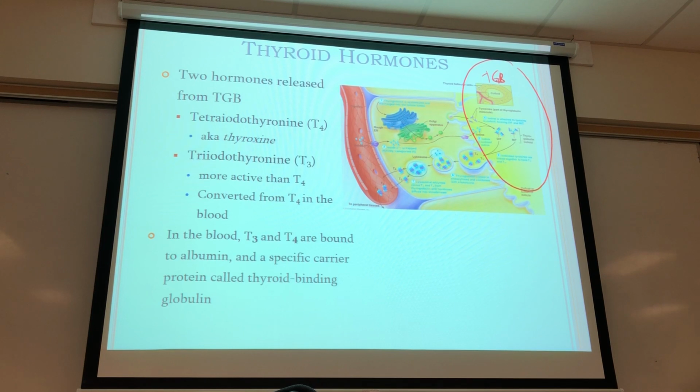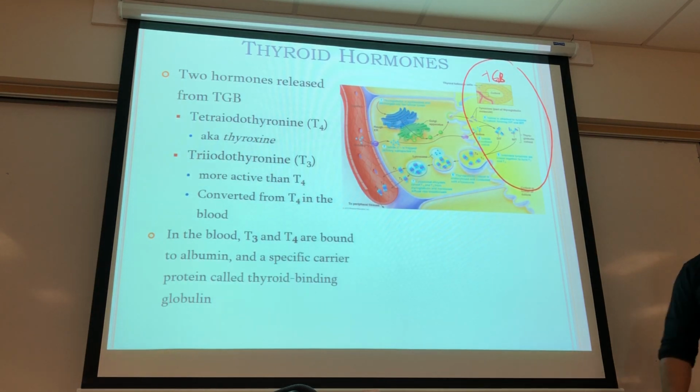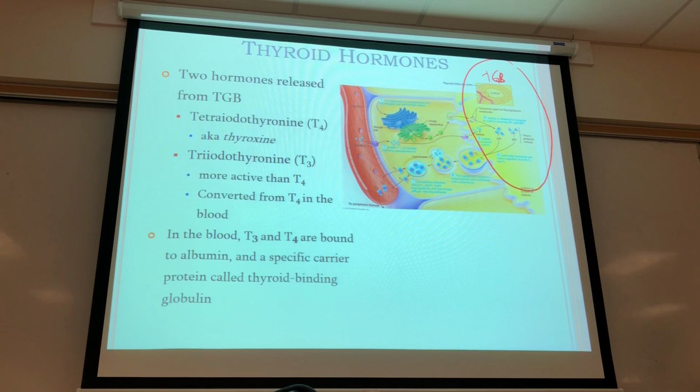Now that T3 and T4 make their way in, T4 gets converted into T3, and a lot of that takes place in many areas of the body. I believe the liver was one of them.